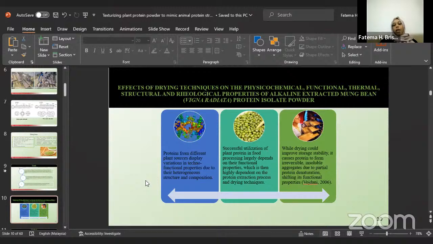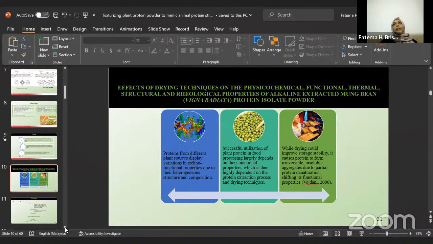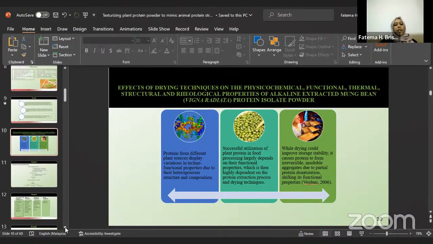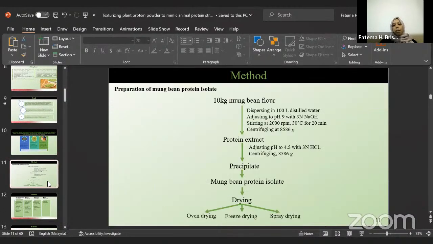So in the beginning, we used these drying methods in order to make protein powder, and we hypothesized that drying might have some effect on the protein because protein is a very sensitive biopolymer. So we used pilot scale and a lot of mung bean flour, around 10 kg, and we used alkaline solubility because the solubility of protein in alkaline condition is very high.